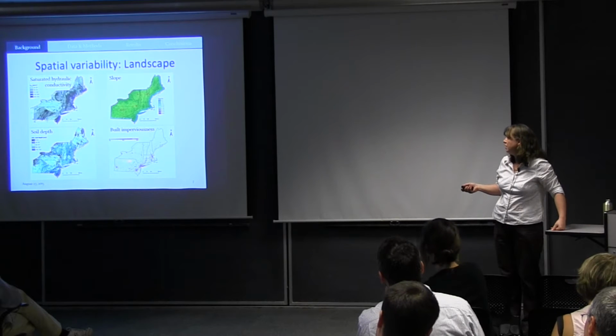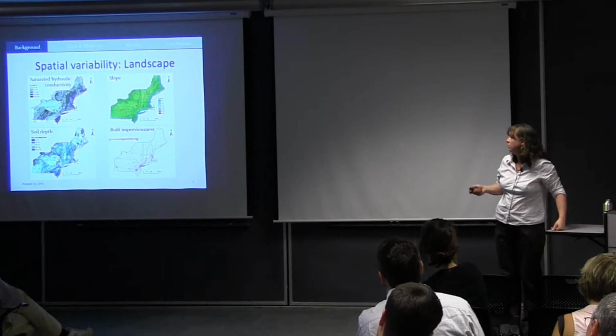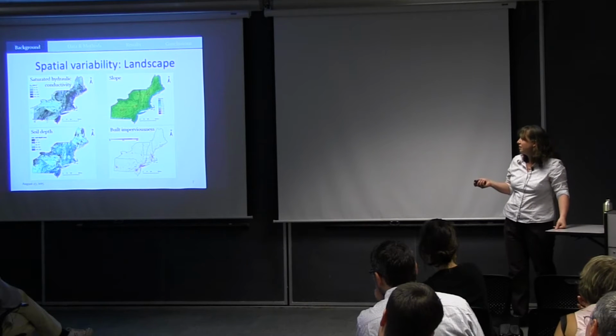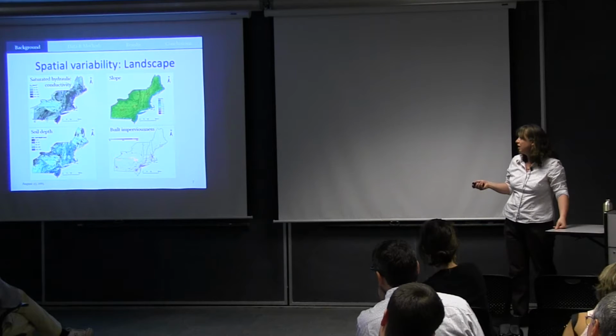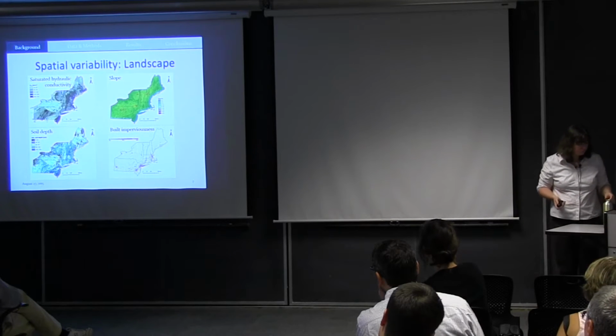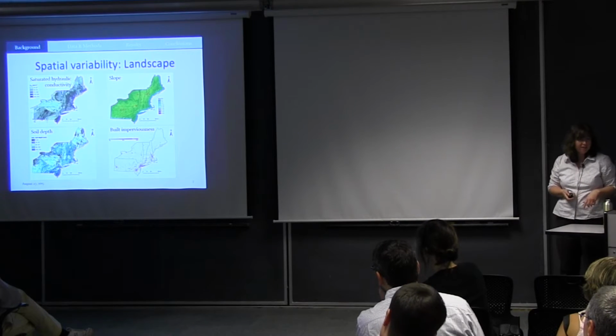You can also see that contrary to what an Alaska girl thinks of the Northeast as being, all super populated, we actually have quite a few areas in this region that don't have people in them really very much at all. Okay, so that's variation in the landscape.